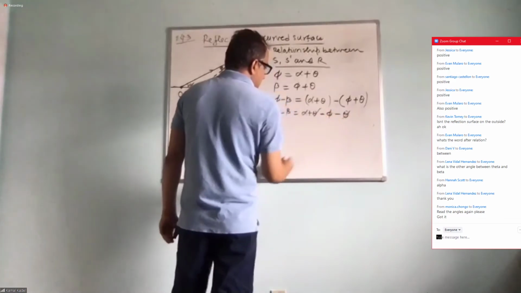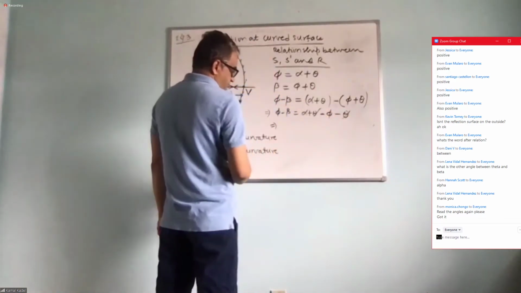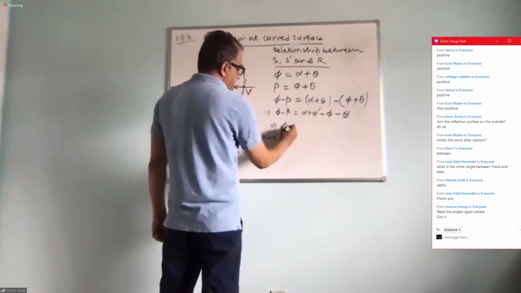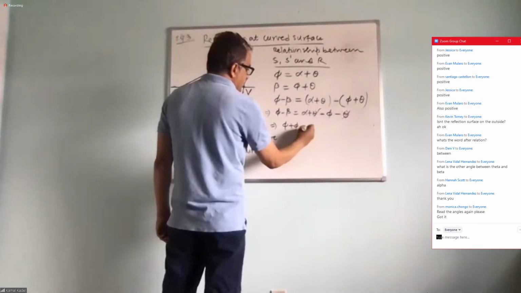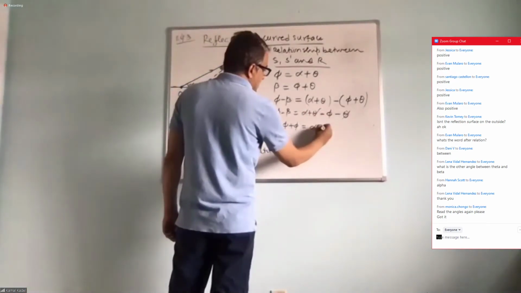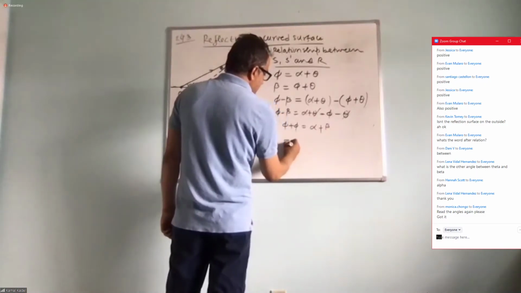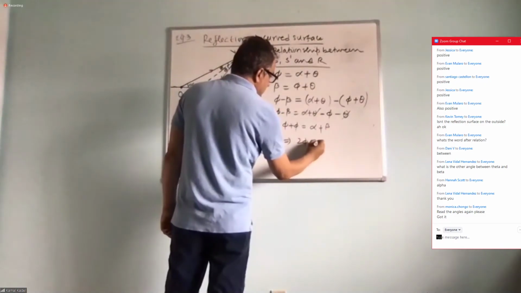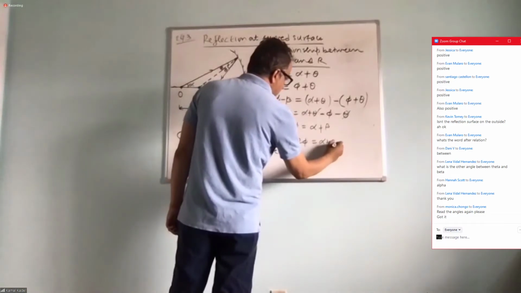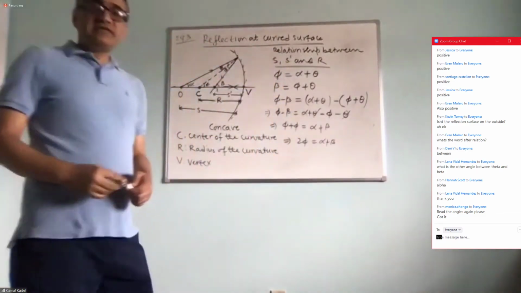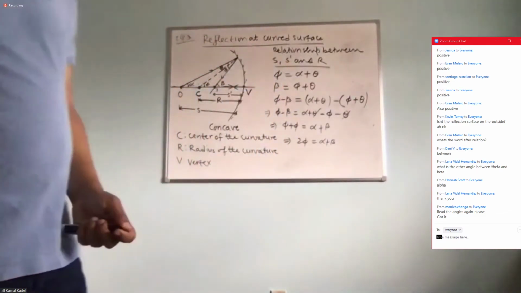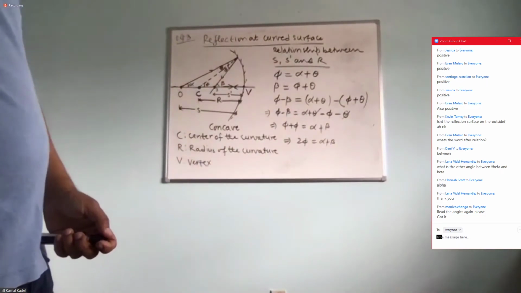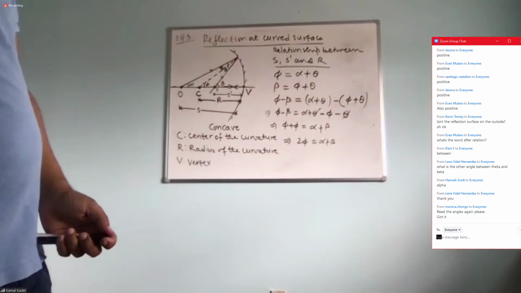Theta, theta cancel out. If I take this phi to this side, phi plus phi, and beta to the other side, that would be alpha plus beta. That gives me 2 phi equals alpha plus beta. I could skip this, but I would like you to know some of this geometry, which refreshes your mind, because we are doing different things so far.